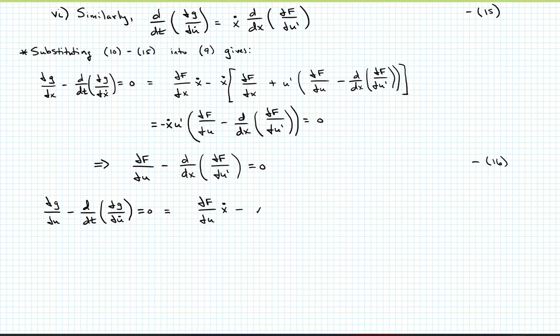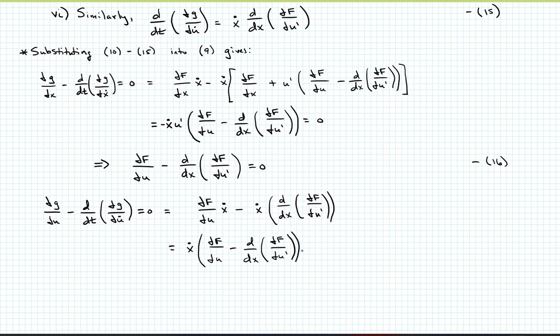And then we have a minus x dot times d by dx of partial of f with respect to u prime. Let's factor out the x dot. And we now have partial of f with respect to u minus d by dx partial of f with respect to u prime. Again, reminding you it equals 0.